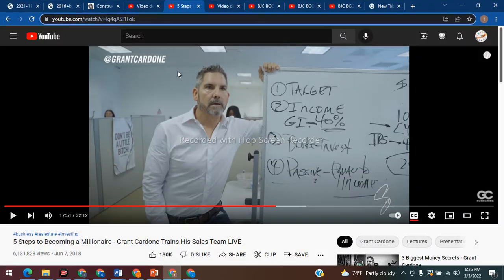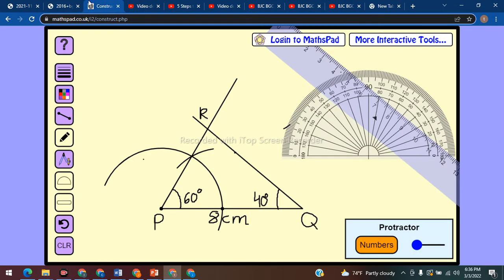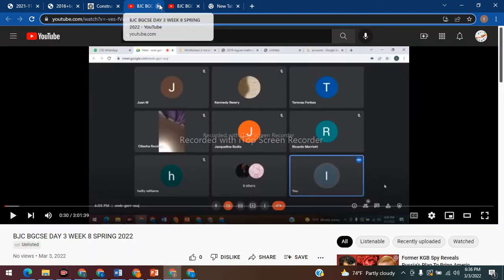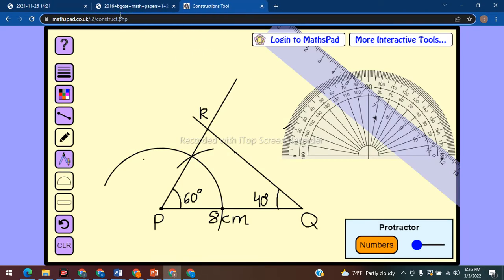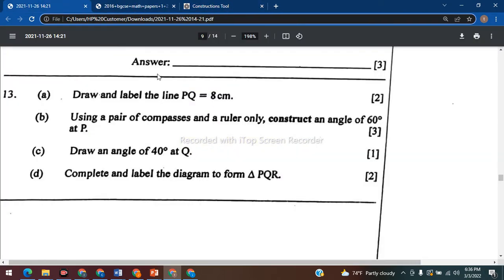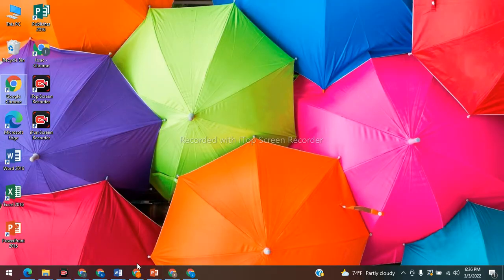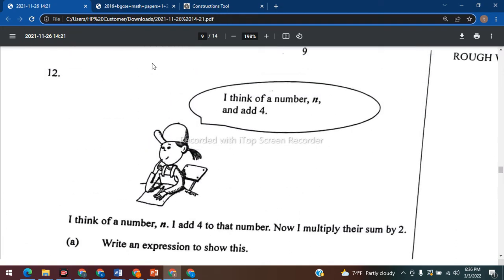Okay, so I think we was here. Let me move all these tabs. So we did this yesterday. We was on this one. Okay, so let's get back to familiar territory. Oh wow, what did I just do? Okay, let's go. Alright, I think this will be good.